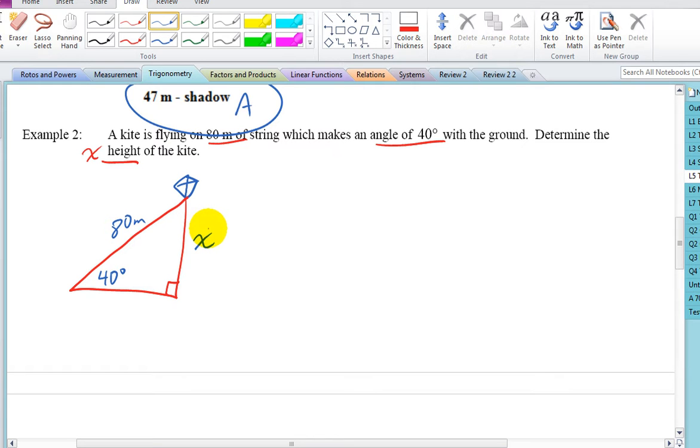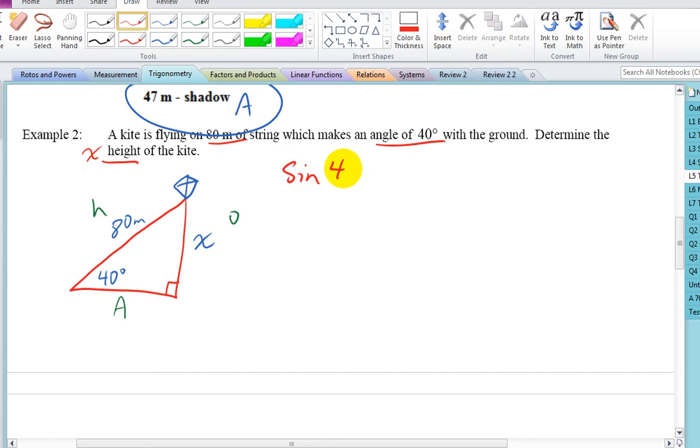Okay, so there's the labeled diagram. Make sure you're labeled in the right spot. Once you've checked that it's labeled, label your HOA, choose a ratio. Go. If you have a look, you'll see that it's O and H that we're talking about, so we have to use sine.